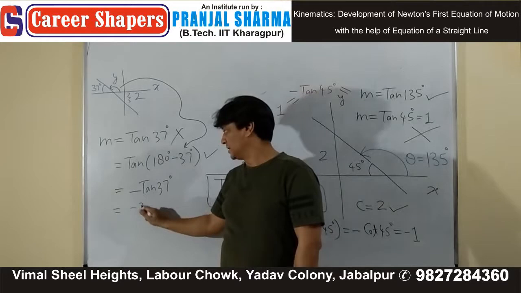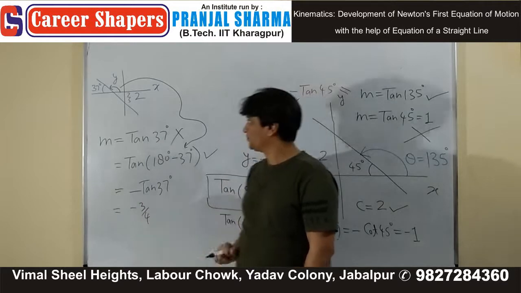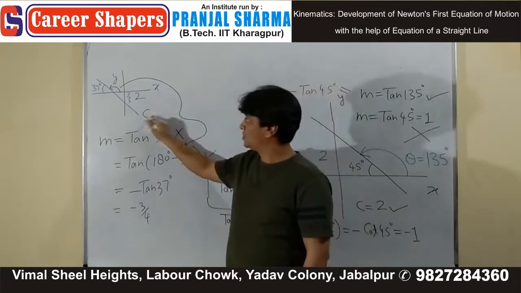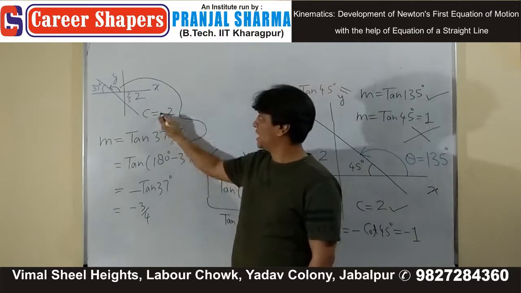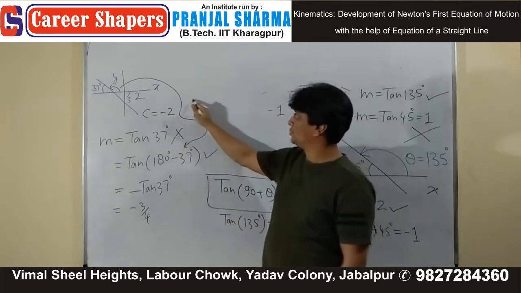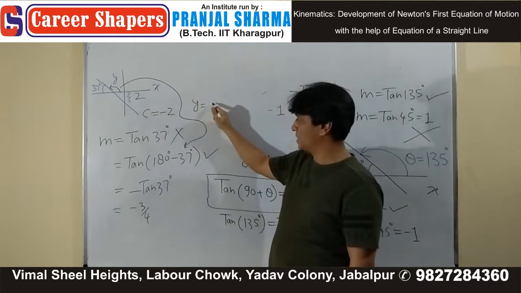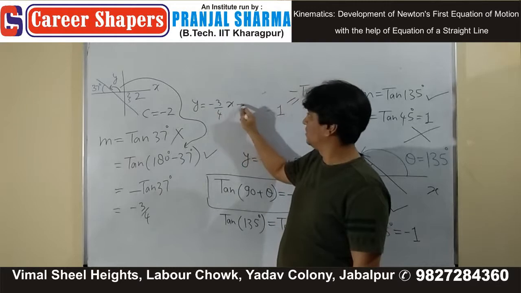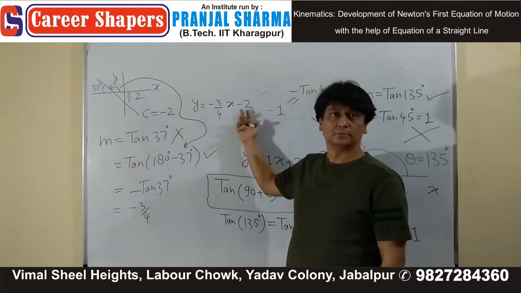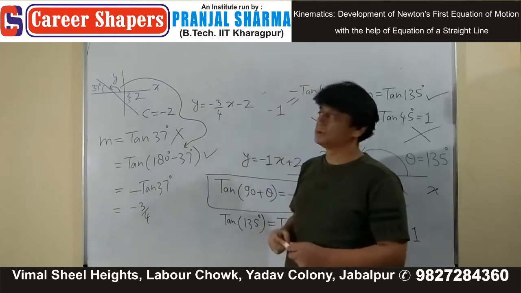What is tan 37? 3 by 4. Your intercept is not 2. It is minus 2, which gives you your equation as y equals mx plus c, which is minus 2. This is the equation.